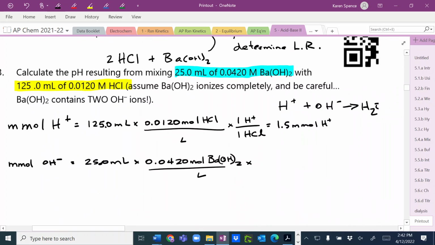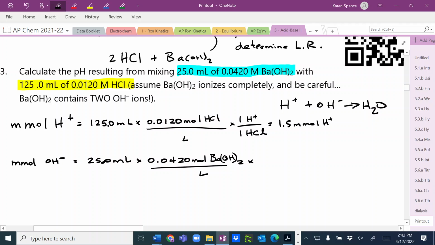And now instead of just having 1 mole of hydroxide, we have 2 moles of hydroxide for every 1 mole of Ba(OH)2. And we get 2.1 millimoles of OH minus.